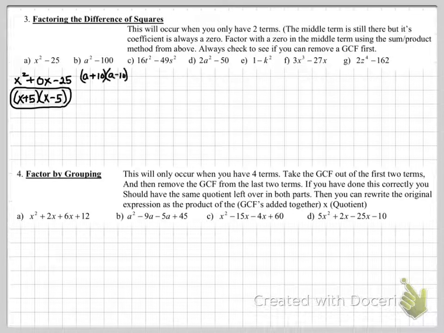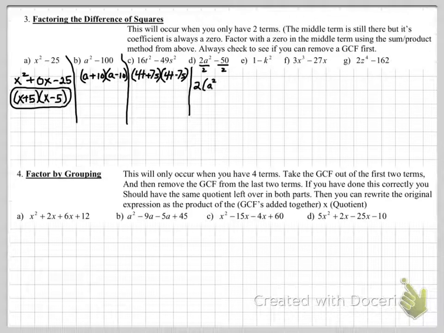It's going to be a plus 10 times a minus 10. Again, look for two terms. This time, it's a little bit more complicated. 16t squared. If I can't factor out a greatest common factor, can I find the square root of 16t squared? Yes, that would be 4t times 4t. So that would go in the first bracket, and plus 7s and minus 7s would go in the second bracket.